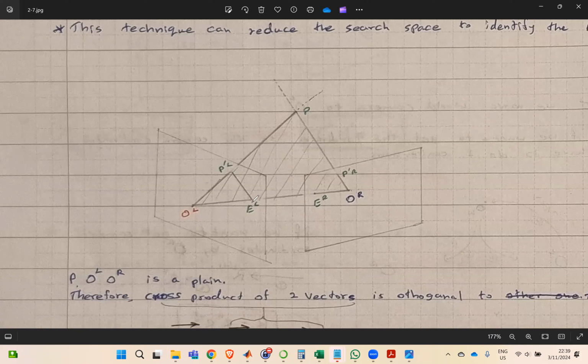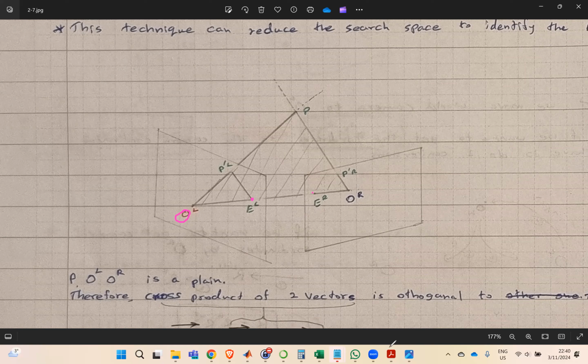Visually we can see this is the line connecting OR and OL, and you can see these screens are tilted. When you draw a line, it goes through the middle of the screen and punches a hole in the screen. The OL point is a little bit behind the screen, maybe 3 centimeters behind, and here also 3 centimeters behind. Think of it as 3D space.